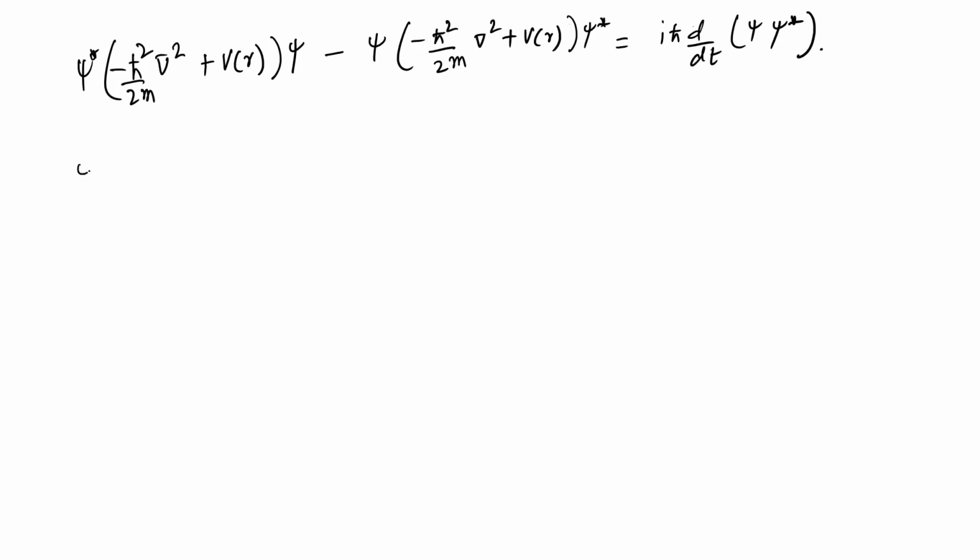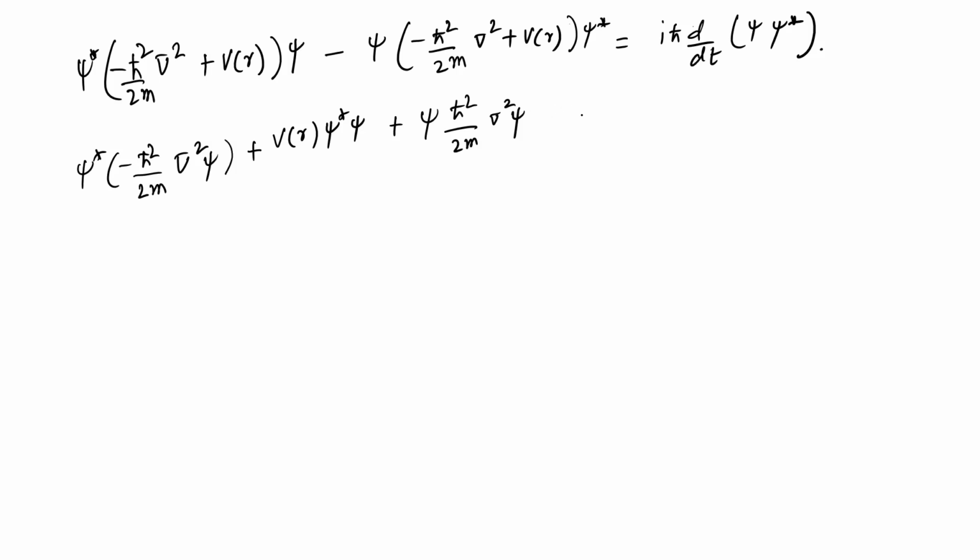So, this would be psi star times minus h cross square over 2m del square psi plus V of r, which is a real quantity, psi star psi, plus psi times h cross square over 2m del square psi star, minus V of r psi star psi.